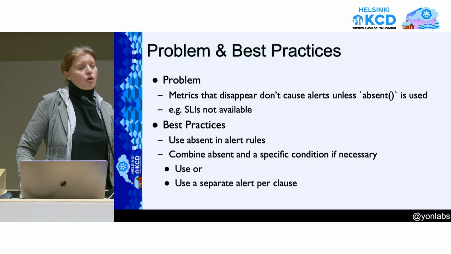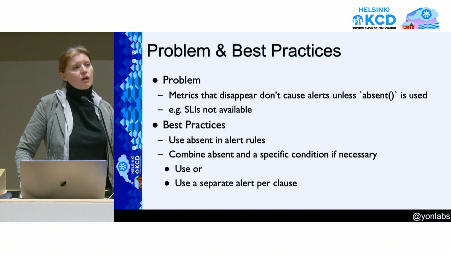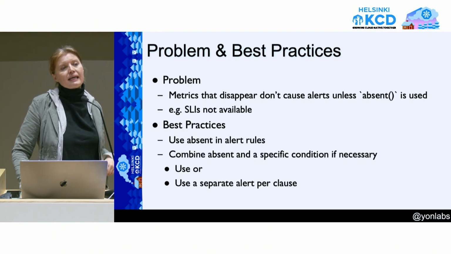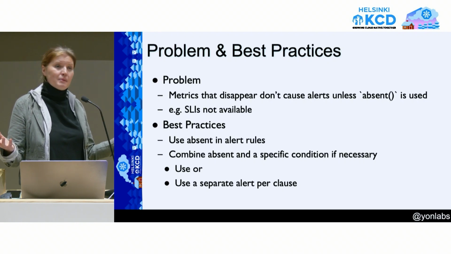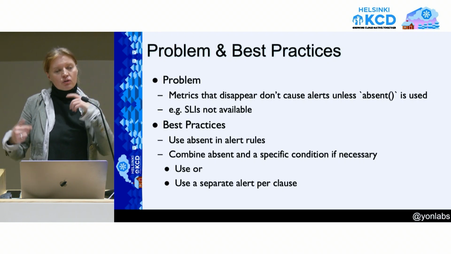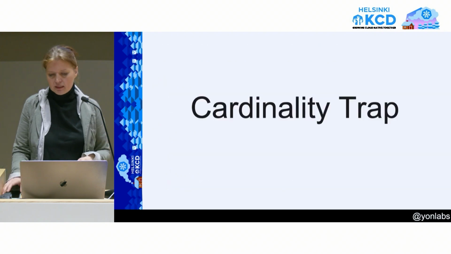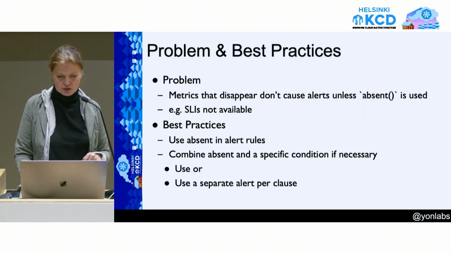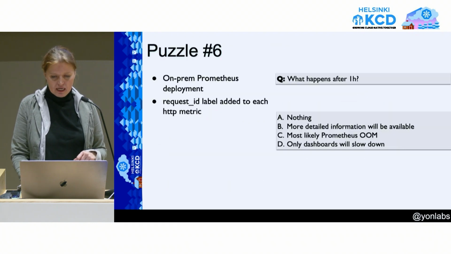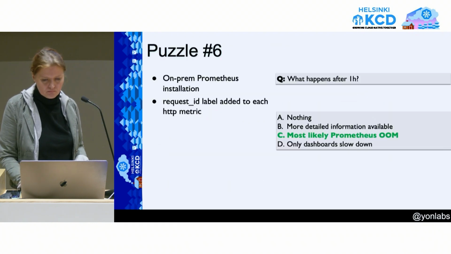And this is also very important in case of SLOs, because in some cases we didn't get alerting on our SLOs because we didn't have any metric. So later on, we introduced this alert on no metric.